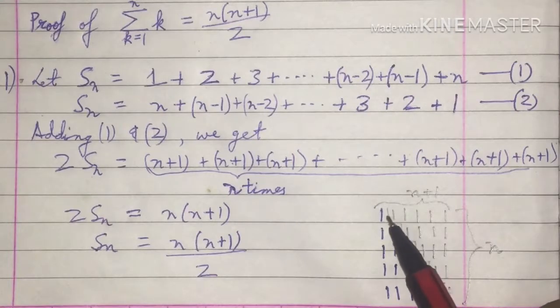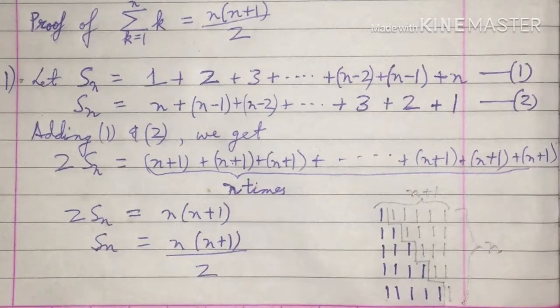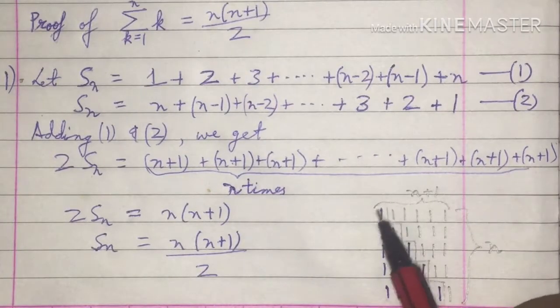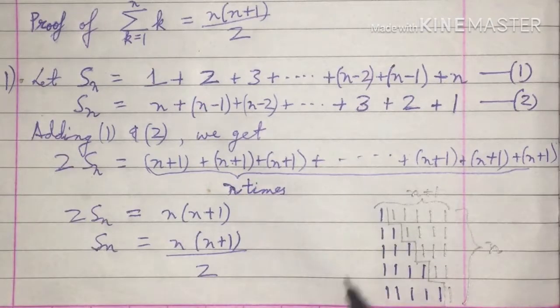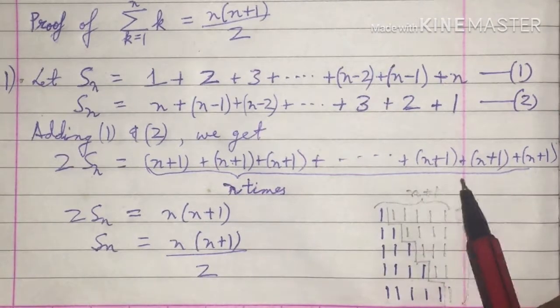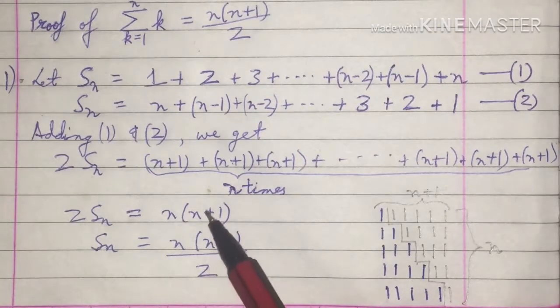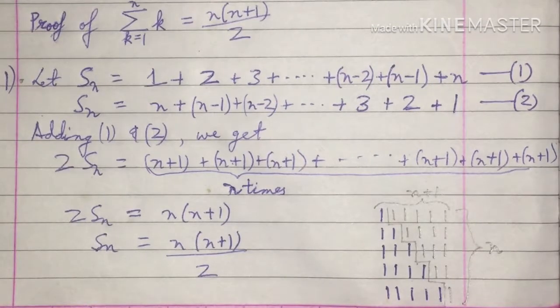Now if you notice, since this is 5 elements, this gives you n elements, and there's an additional term plus n, so it is n plus 1. So it's the same expression in the form of a diagram.